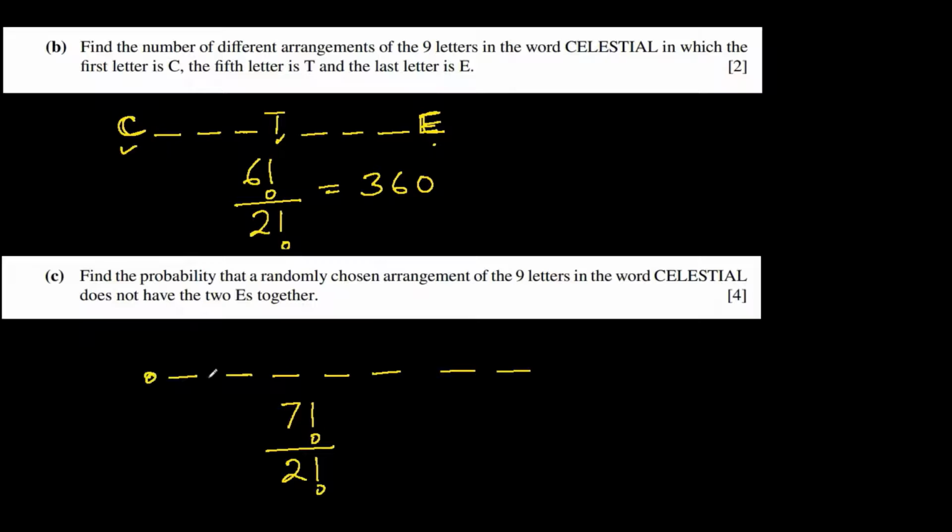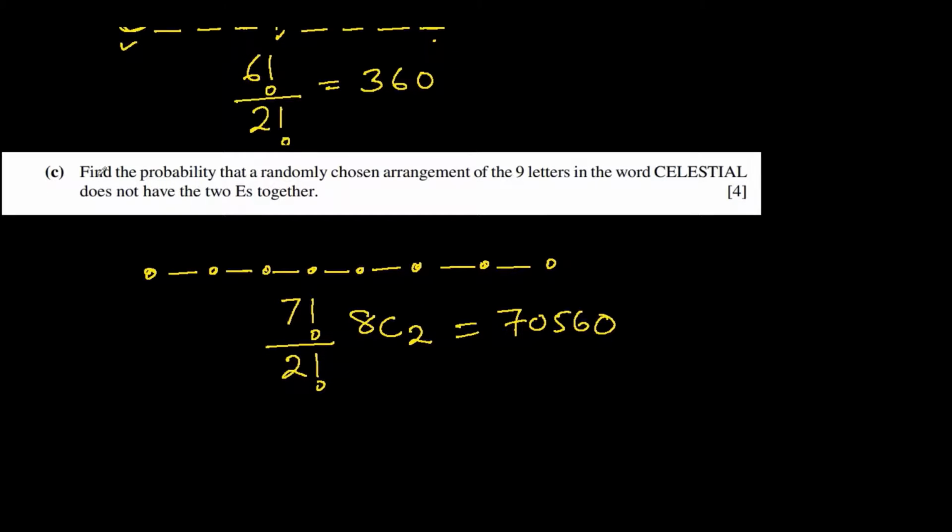Now we will choose the gaps between these 7 because the E's must not be together. That means there should be someone between them, and now there are 8 places, these circles are 8. Out of 8 circles, we have to choose any 2 places where we can keep E's. It will give us 7560. But if you take notice, they ask us the probability, so we have to divide it by the total number of possibilities.